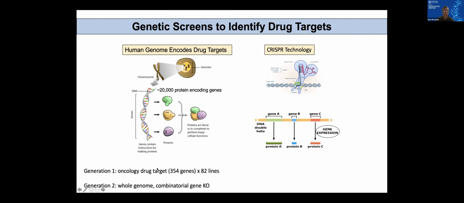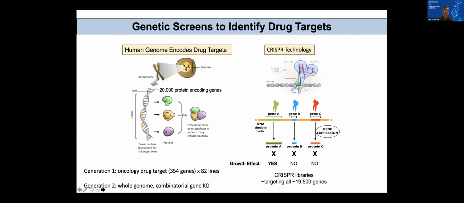We're currently at around 80. We've performed oncology drug target screens, focusing on about 350 genes that are either known targets or in cancer-related pathways. We've actually already started this in the past month or so, but we're really ramping up now on our next generation screens, which will include whole genome as well as combinatorial gene knockouts.